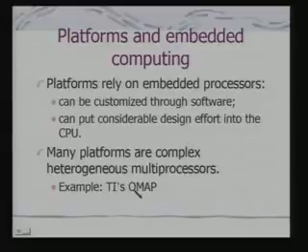Example is TI's OMAP, which we had already discussed, which has got ARM 9 as well as a DSP processor sitting inside. So the behavior of these will be determined by mapping software onto those two processors, and that would give me a particular instance suiting my application.